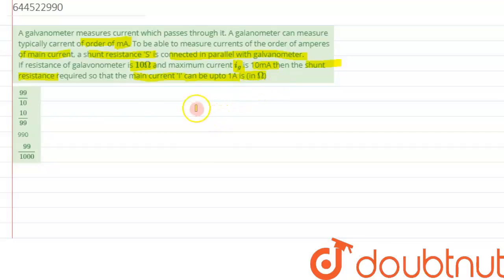So we need to check how much shunt is required so that the galvanometer can measure 1 ampere current.